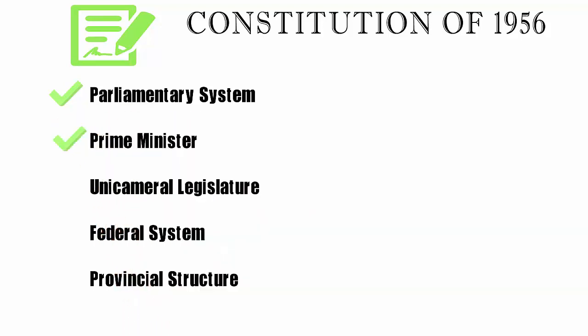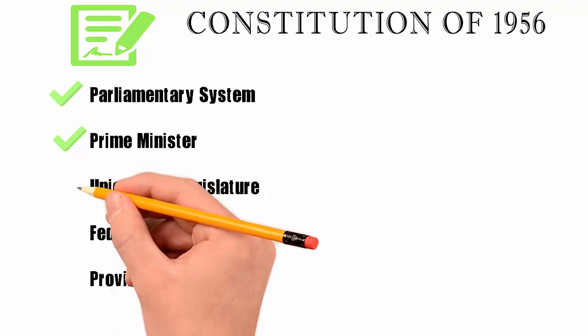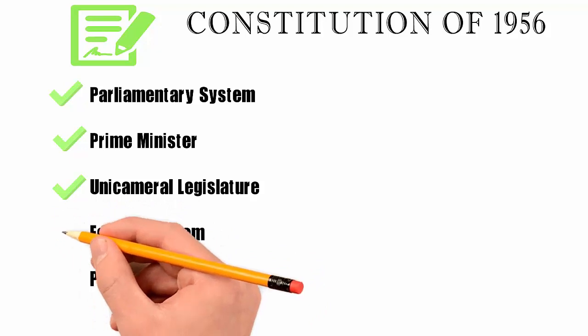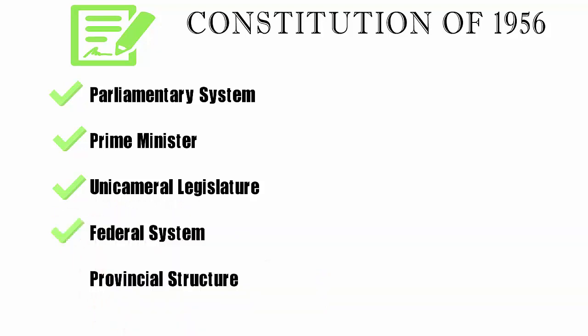Prime Minister would be appointed by President and was the head of government assisted by Cabinet. Unicameral legislature means National Assembly was the only house of the Parliament having a membership of 300 plus 10 women seats. Federal system means the Constitution provided three lists: federal, provincial, and concurrent.